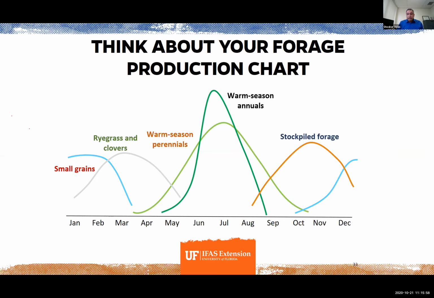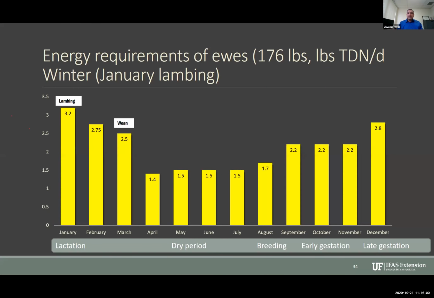Why this is important is because let's take an example of ewes that are lambing in January. Here on the x-axis, we have months. These are ewes that are lambing in January. They are weaning in March. And this is how the energy requirement is fluctuating, right?